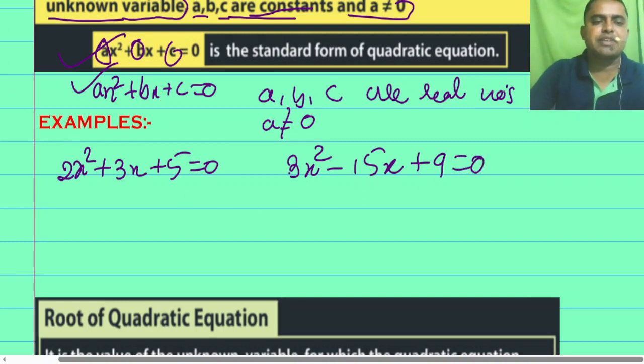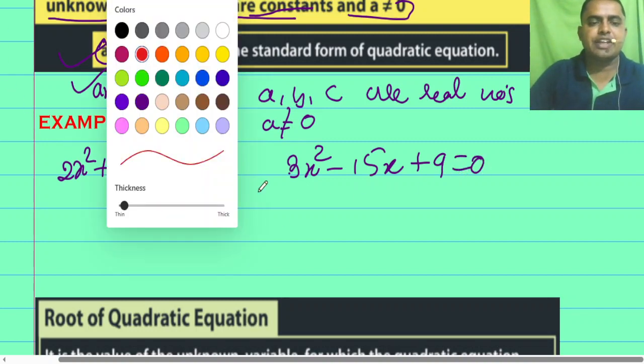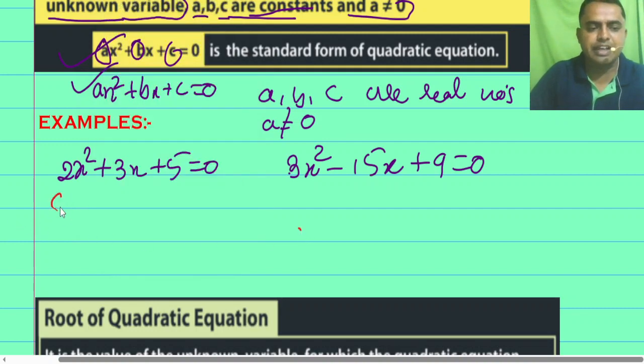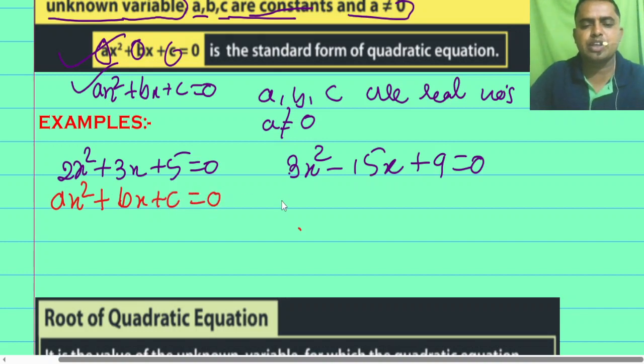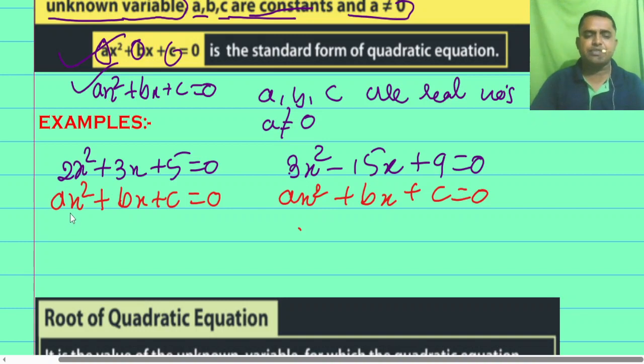Two examples I have written here. So let us try to understand. Here I am writing the standard form, ax square plus bx plus c is equal to 0. Look at the example and the standard form.